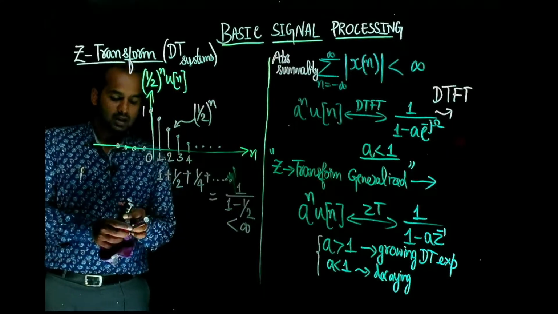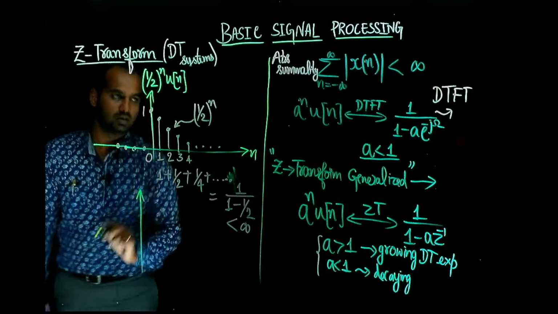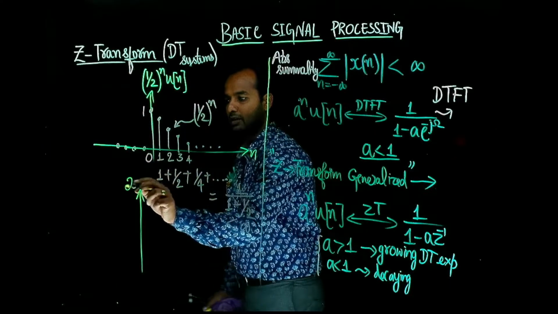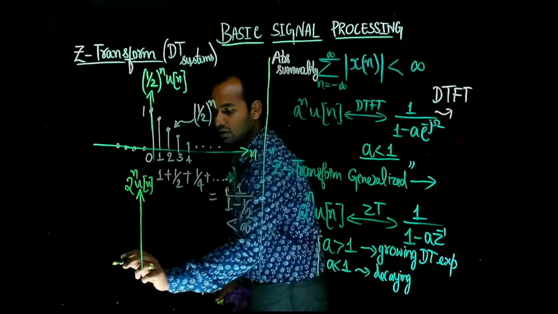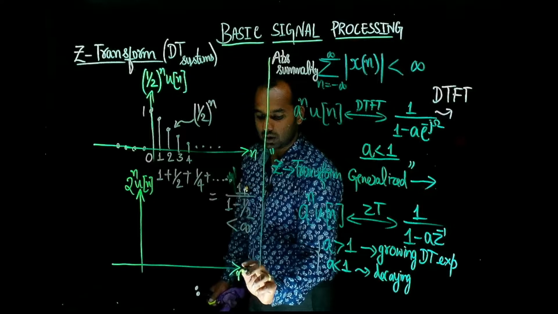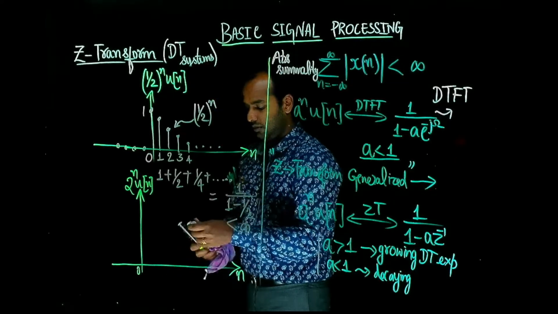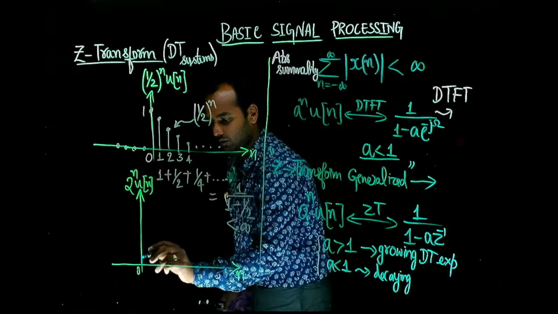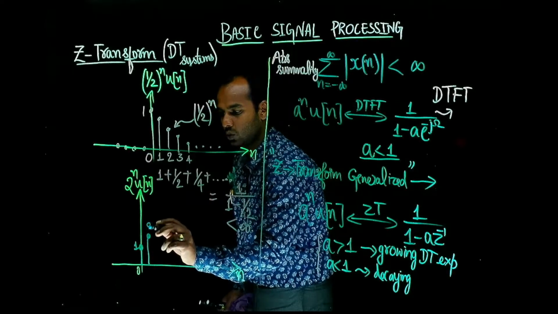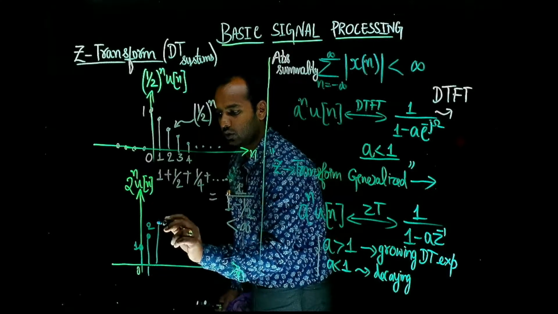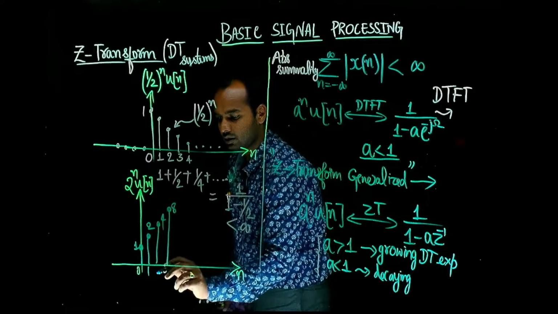If you take another example, another sketch plotting 2 power n u of n, this is a discrete time growing exponential signal. That means at index 0, the sample value is 1. At index 1, it is 2. At index 2, it is 4. At index 3, it is 8.